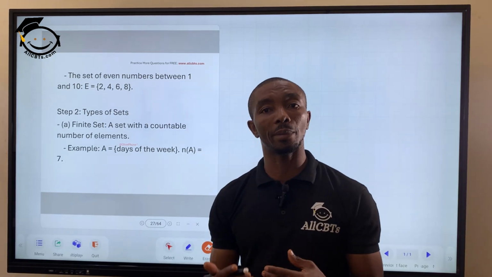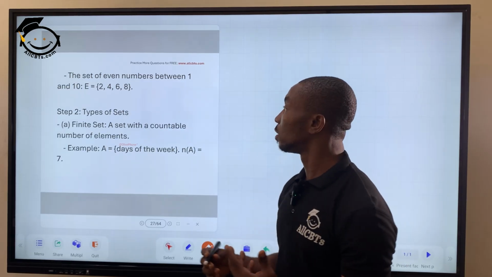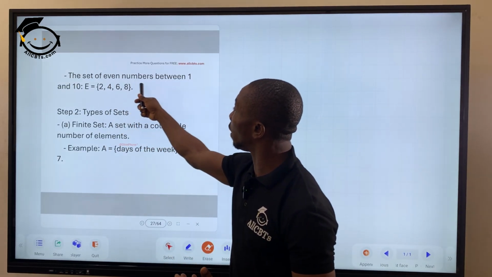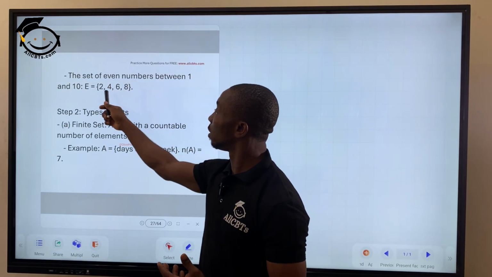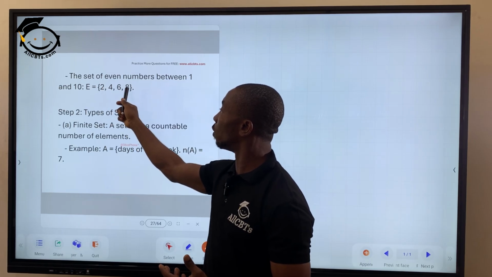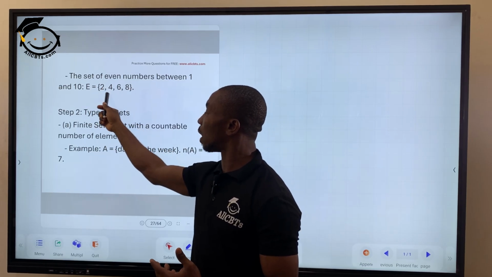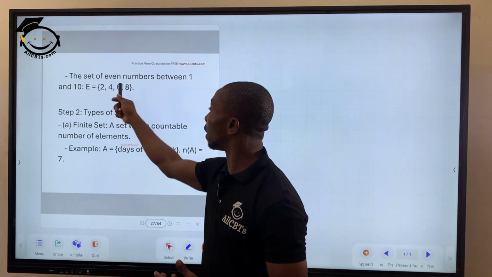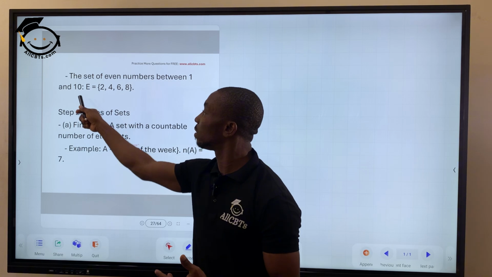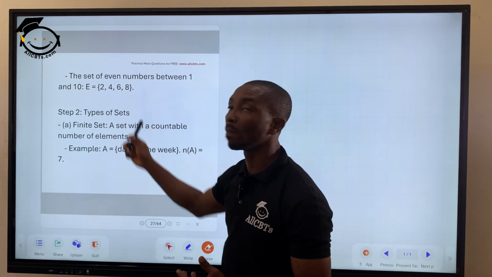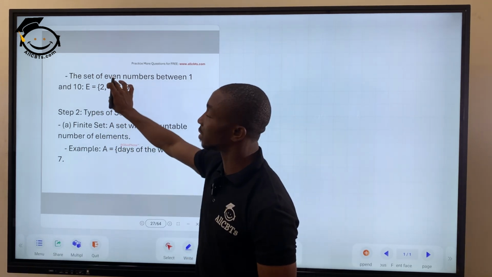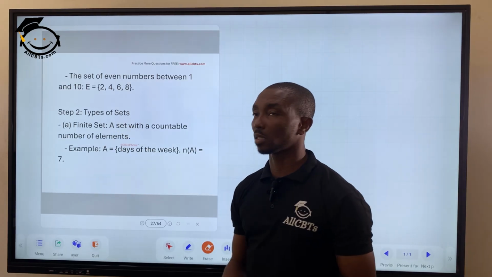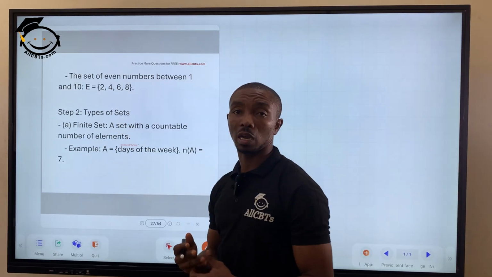Now, when we talk about elements of a set, it simply means, for example, for even numbers between 1 to 10, we have 2, 4, 6, 8. Those numbers within sets are what we refer to as the elements of a set. So even numbers between 1 to 10 has 4 elements. Now, this is a finite set since its elements are countable.